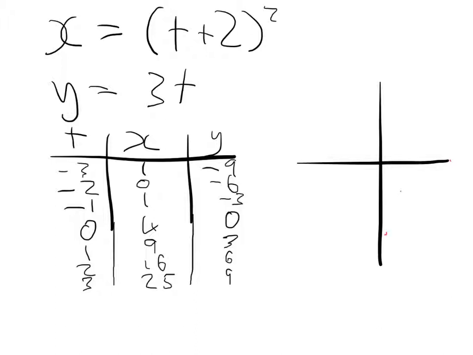And we could plot the rest of the points, but it's not going to fit on our graph here. So it looks something like that, sort of like a sideways parabola.